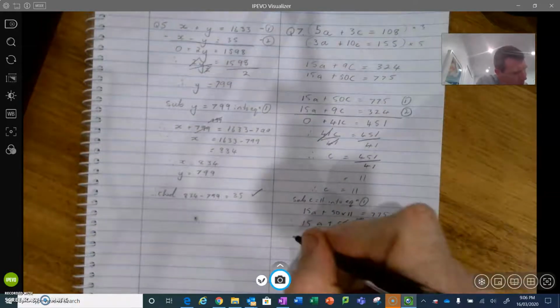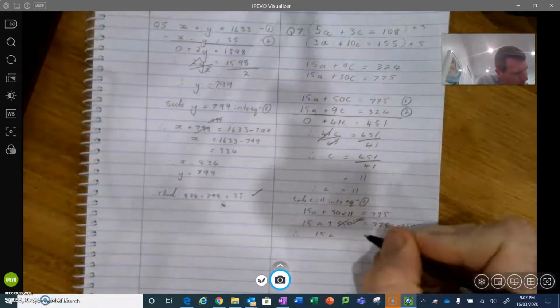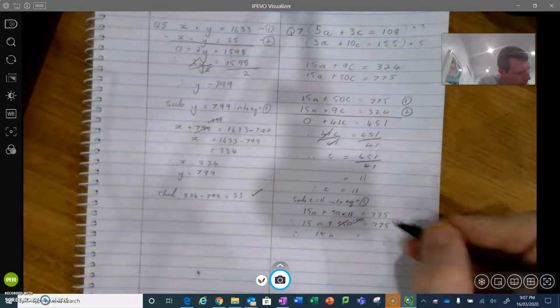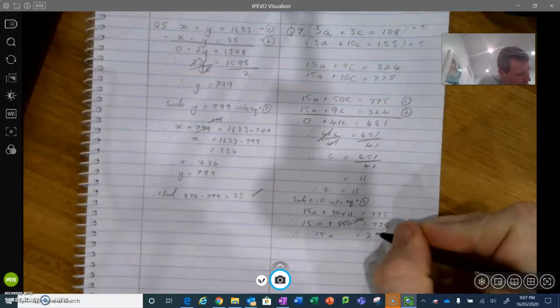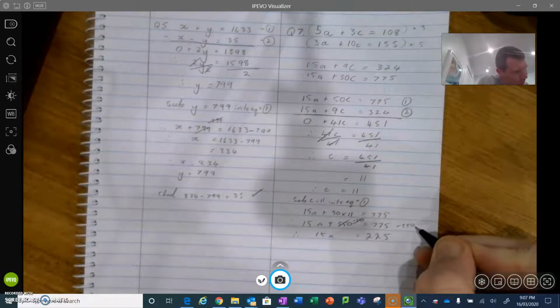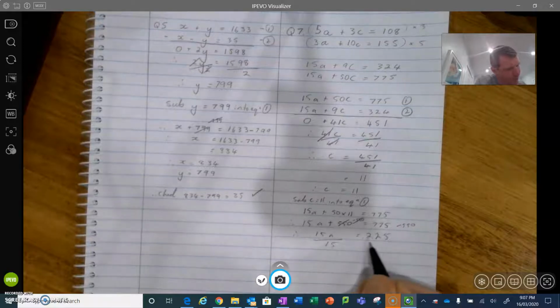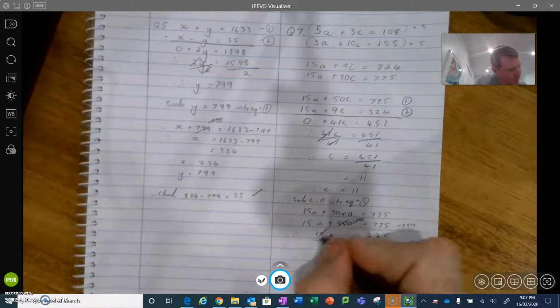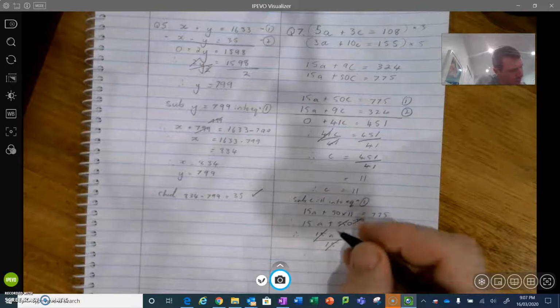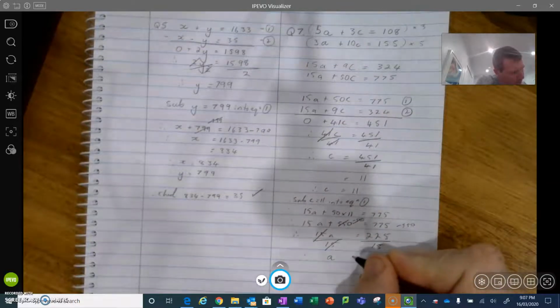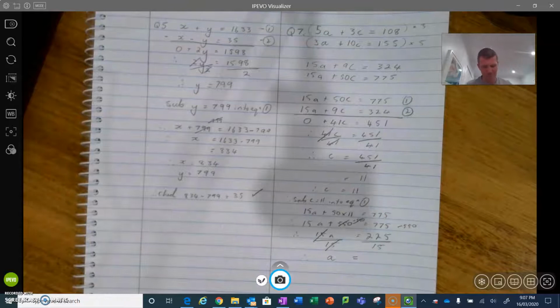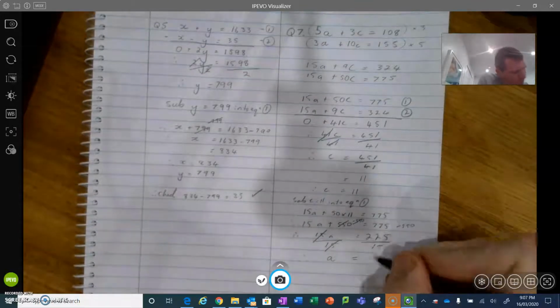Cancel, cancel, so therefore 15a equals 225, because 775 take 550 is 225. I want to get rid of the 15, so divide both sides by 15. Cancel that, therefore a equals 225 divided by 15, which is 15. Let me double check that: 225 divided by 15 equals 15, so a equals 15.